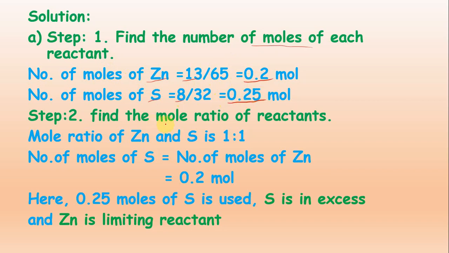In step 2, find the mole ratio of the reactants. It is very clear in the chemical equation that the mole ratio of zinc and sulfur is 1:1. So the number of moles of sulfur should be equal to the number of moles of zinc.